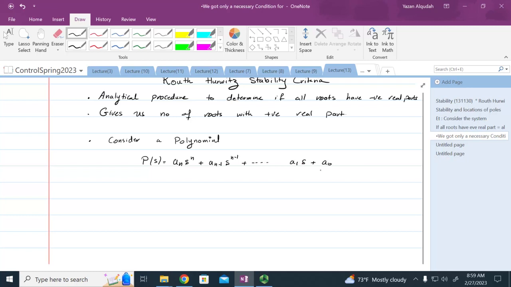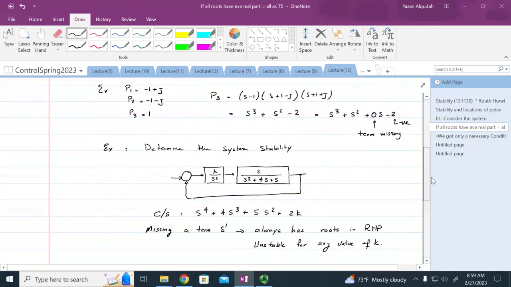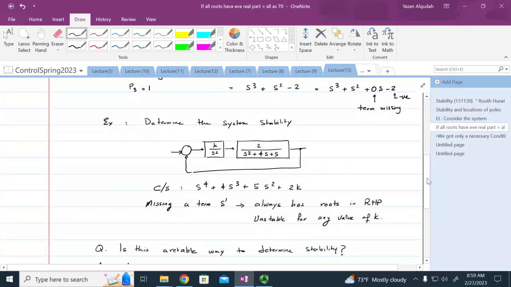So if we have a system that we're trying to determine the stability for, we're going to calculate the closed loop transfer function, and then we're going to take the denominator. Is that clear? This is the polynomial we're referring to, similar to what we've done in these examples. So here is the system. When we determine the stability, we calculated the closed loop transfer function. This is the denominator of the closed loop transfer function.